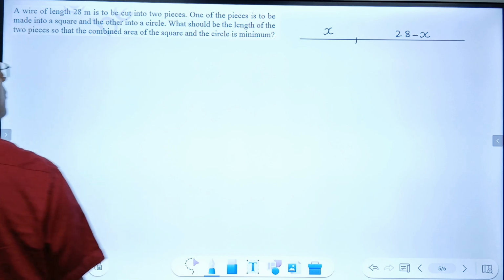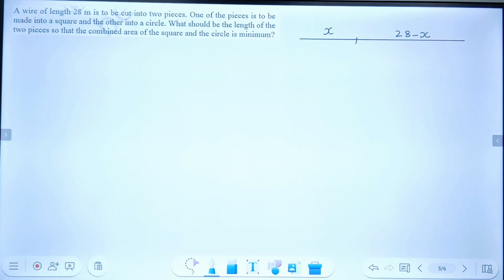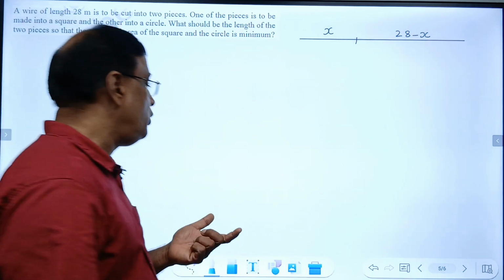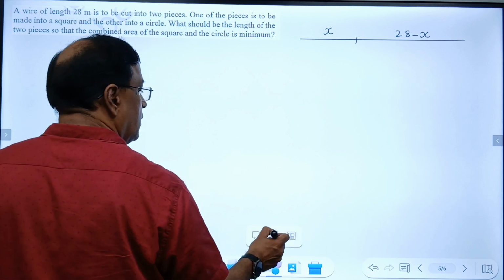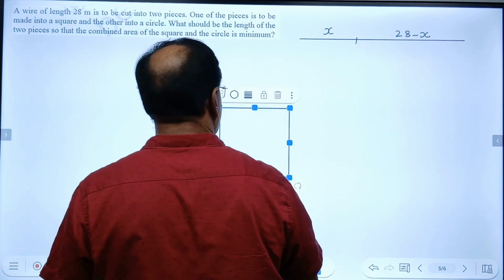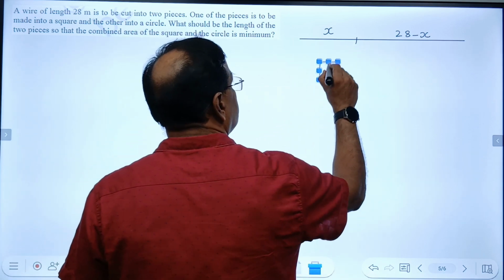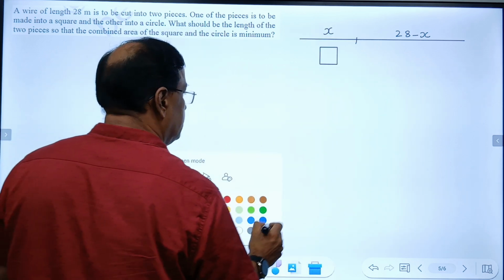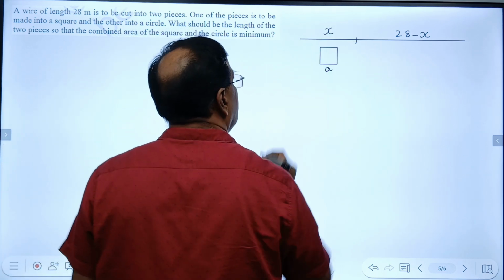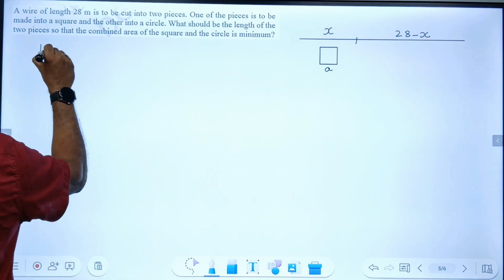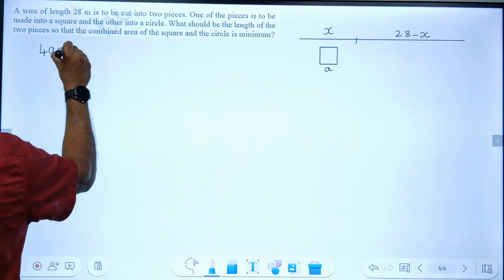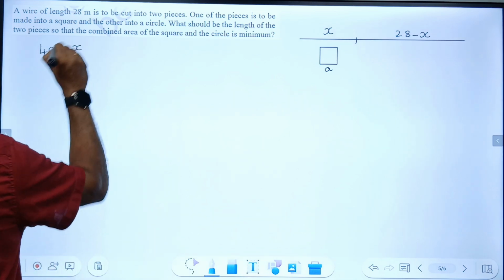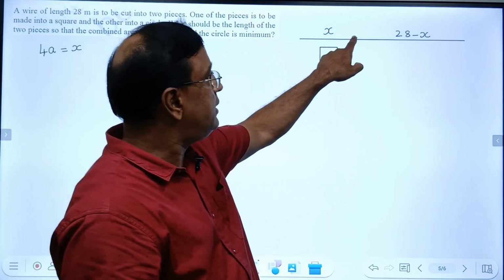Okay. Now one piece is made into a square. So I'm going to take this x, and make it into a square. So with one piece I make a square. If I say the side of the square is a, clearly the total perimeter of the square is nothing but x, if I'm using this entire length to make a square.